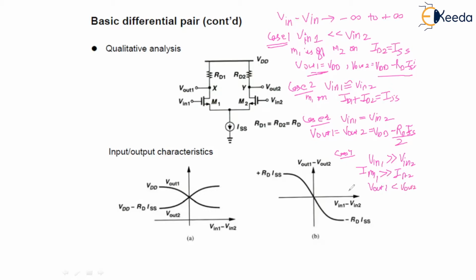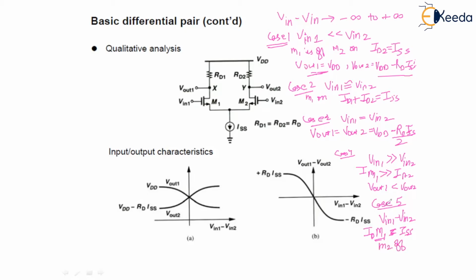It can be shown from these graphs also, we will discuss them later on. And for a large difference between these two, that is when Vin1 minus Vin2 is large, then M1 hogs all of the current ISS, thus turning M2 off.